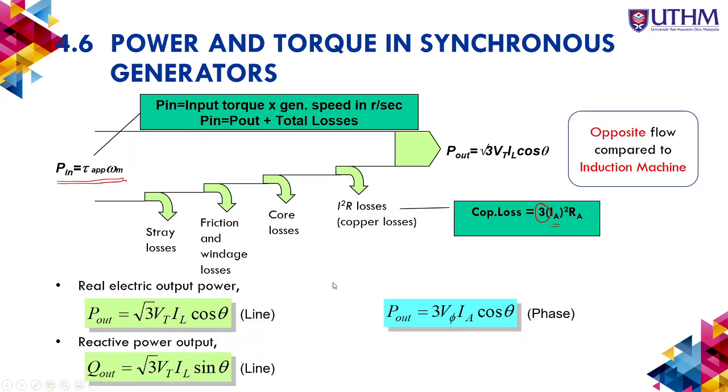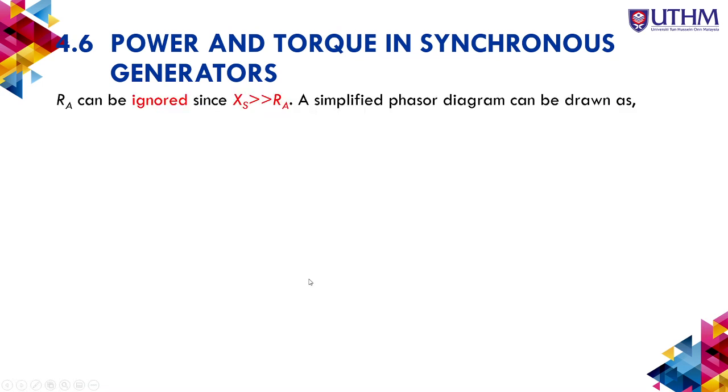Okay, and this is the reactive power output. Usually we use this less. Okay, in real situations the resistance in the armature or the stator can be ignored because the stator reactance is very high.